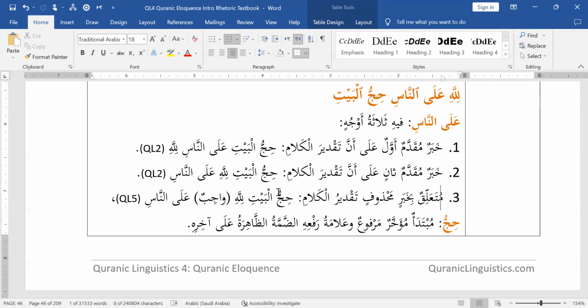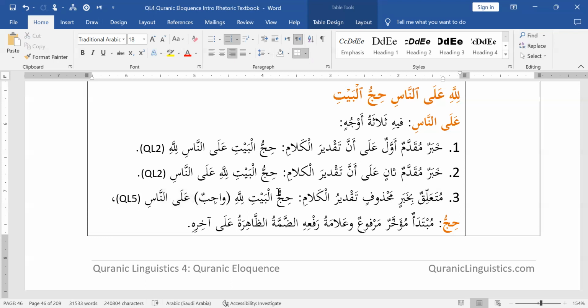That is mahdhuf. So it's saying that the shibul jumla that you see here, ala nas, is not really khabar, according to this third opinion or understanding. It's actually connected to a khabar mahdhuf. تقدير الكلام لله حج البيت لله واجب على الناس.